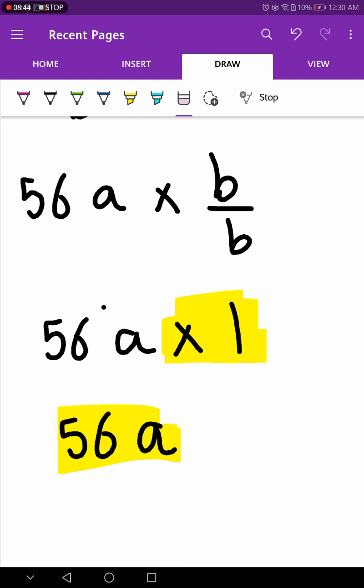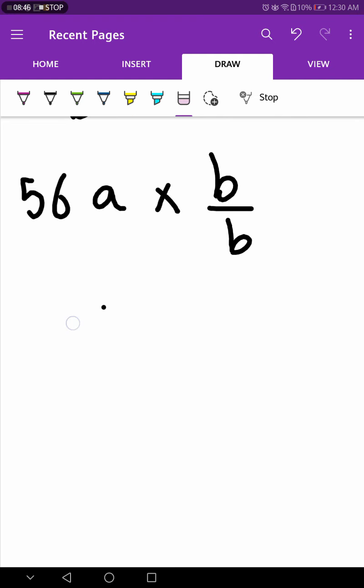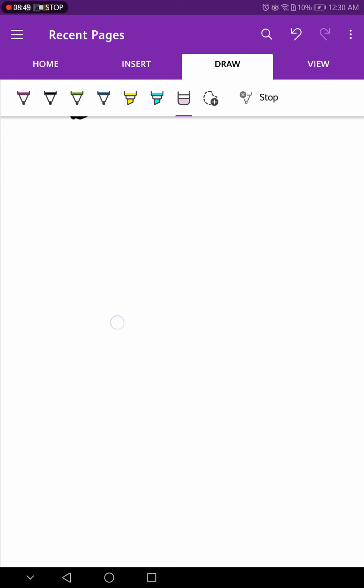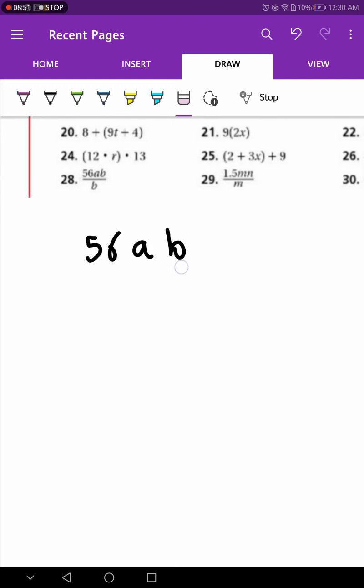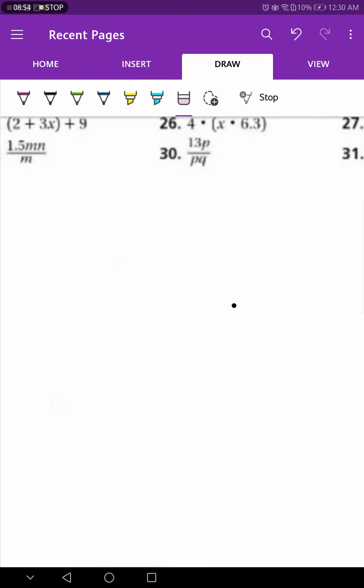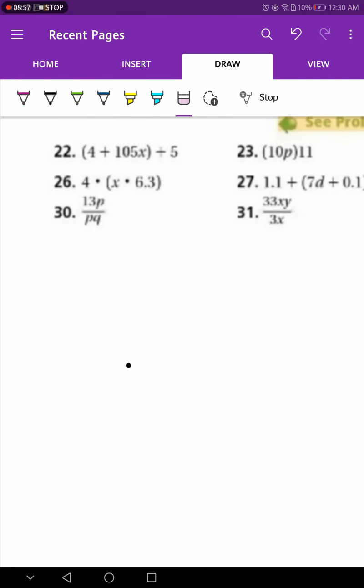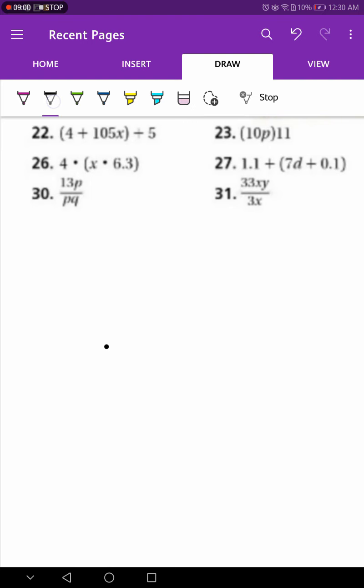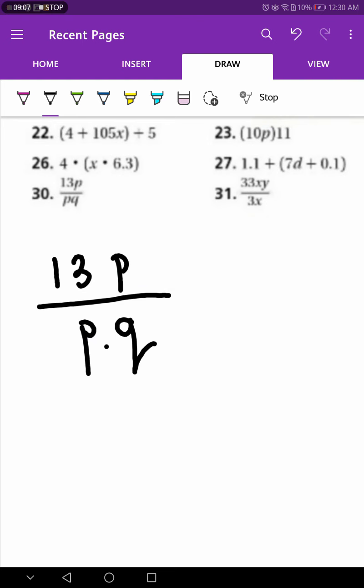Let us take one more example. It is 13p over pq. How can I deal with this? Yes, I can switch. It is p multiply 13 over p multiply q.